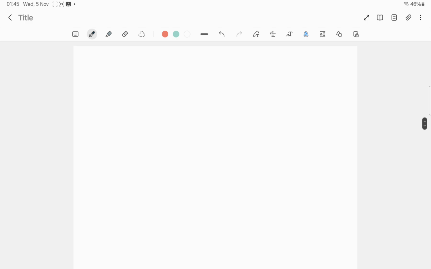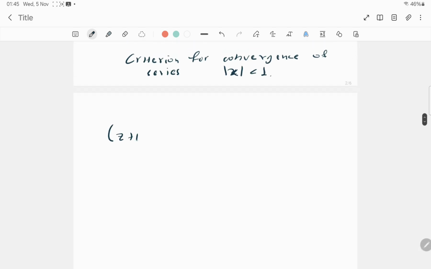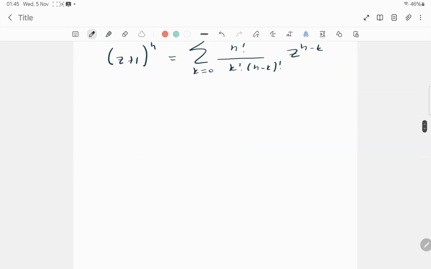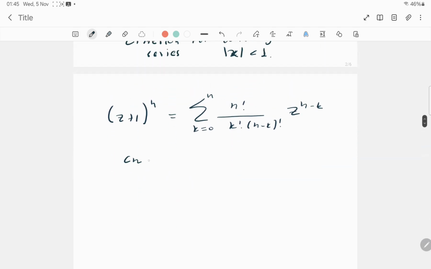Now, if it's a complex valued function, (z plus 1) to the power of n can be written as the sum from k equals 0 to n of n factorial over k factorial n minus k factorial z to the power of n minus k, and then we will have Cn equal to n factorial over k factorial n minus k factorial z to the power of n minus k.